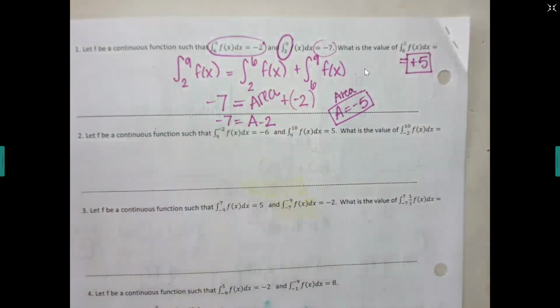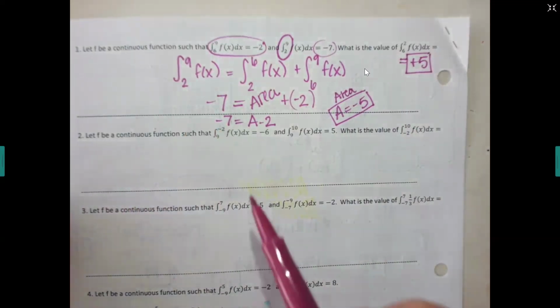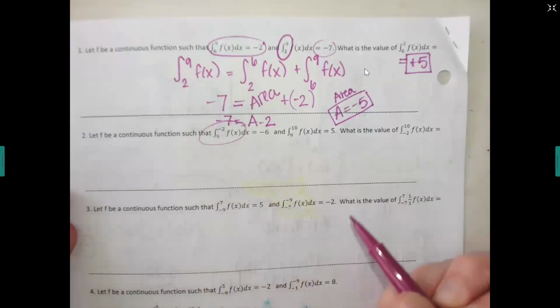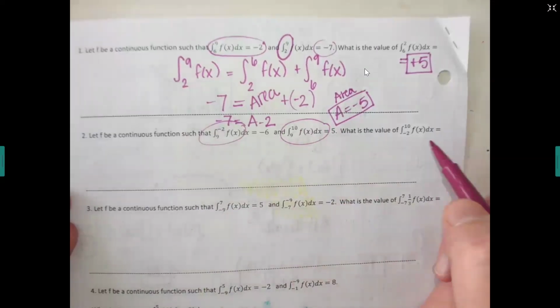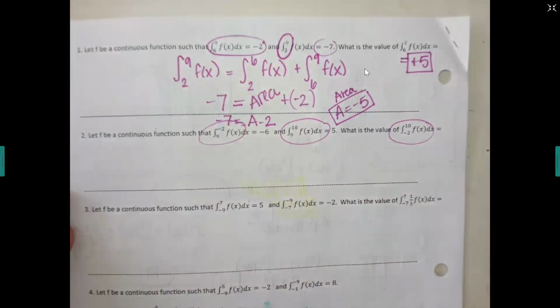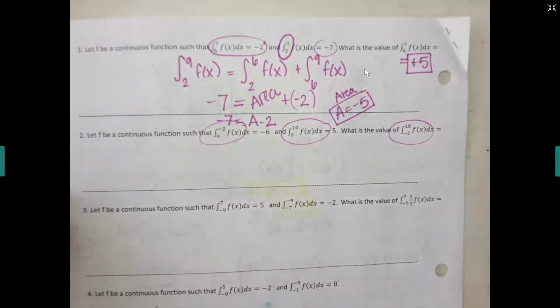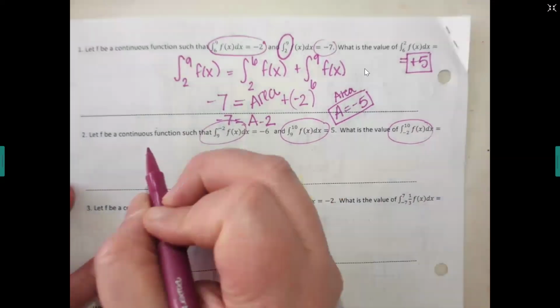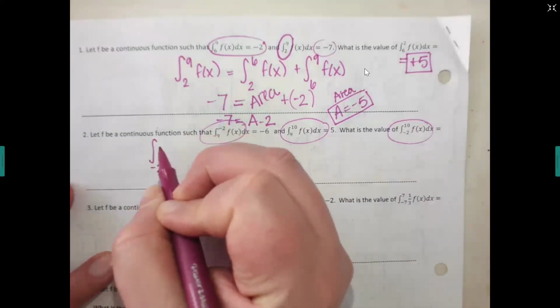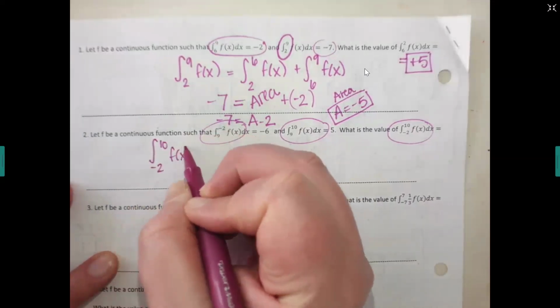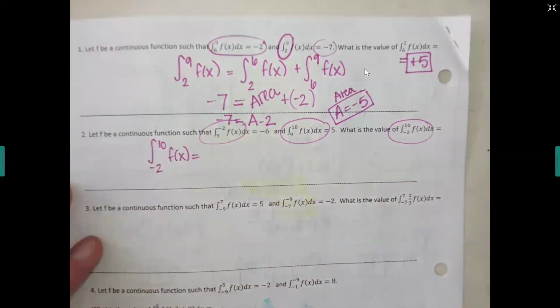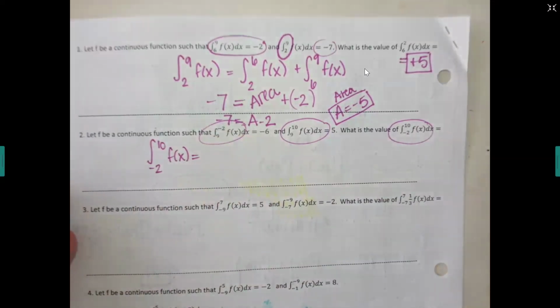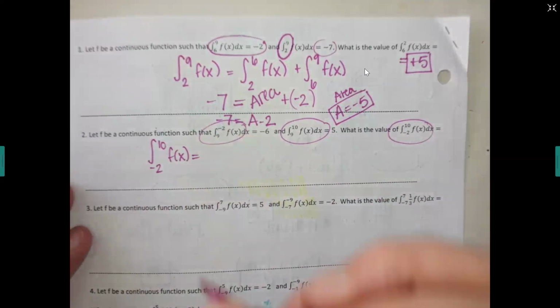Let's try another one. Take a look at number 2. I have an integral from 9 to -2, 9 to 10, and then -2 to 10. Which of those is the longest? -2 to 10. So I'm going to do the integral from -2 to 10 equals. And then what is my number that I'm going to make the little pit stop at between -2 and 10? 9.